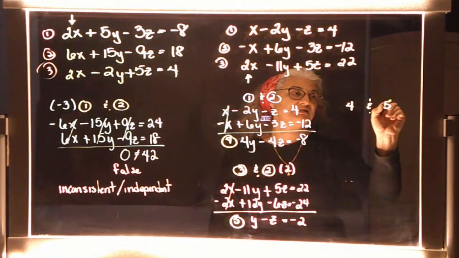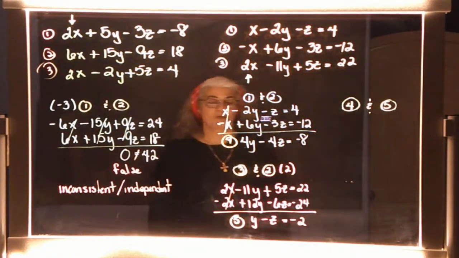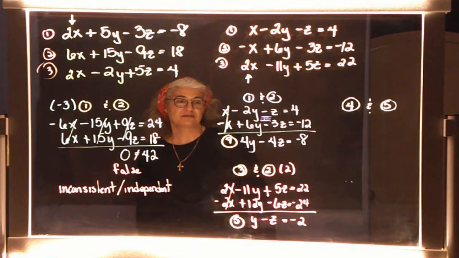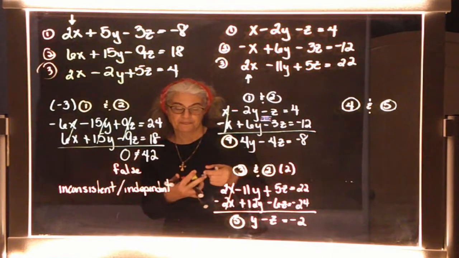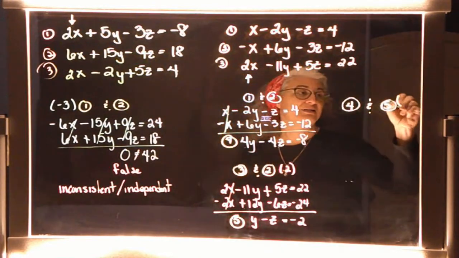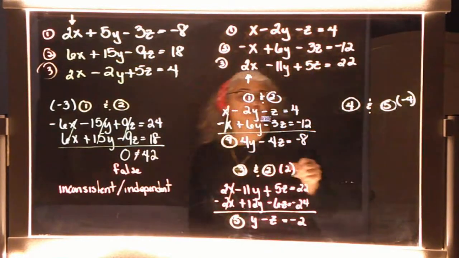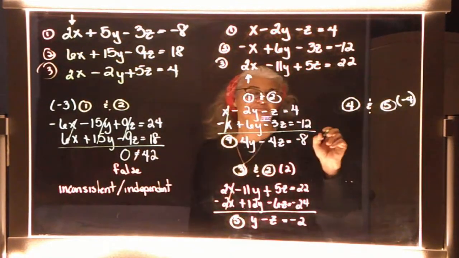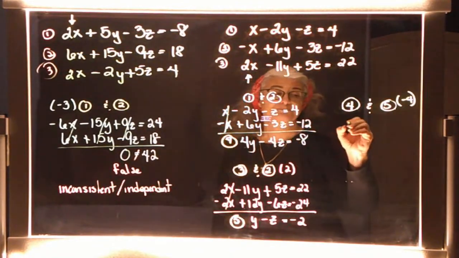Equation 4 and equation 5. What do you want to get rid of? You want to get rid of the y's? Okay, let's get rid of the y's, which means multiply equation 5 by a negative 4. So let's see. You're following, right? Okay. Besides, I said see if you follow along.